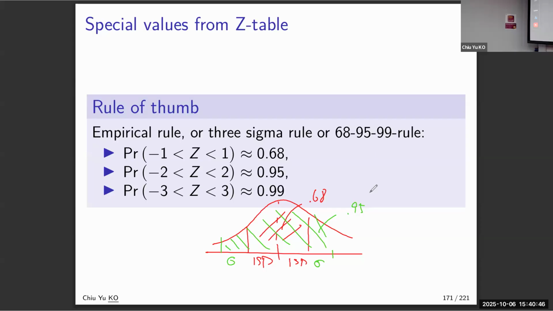Of course, usually people don't even talk about 1 SD and 3 SD. Usually they talk about the 2 SD rule, right? Actually, we'll do it in the upcoming future of the rest of the semester. Actually, we use what we call the 2 SD rule. Things should be within 2 SD of the mean with 95% likelihood, right?